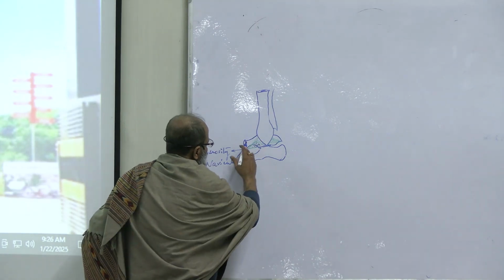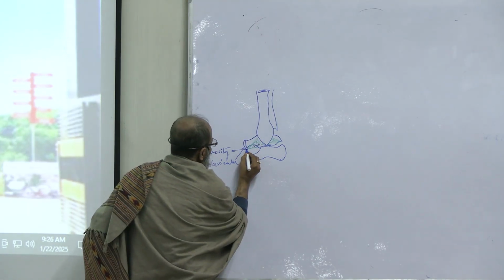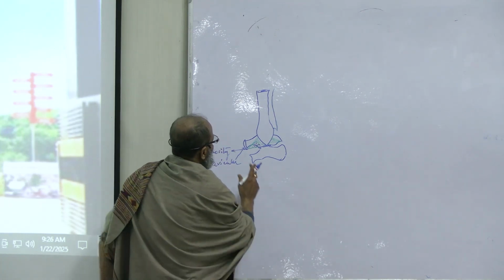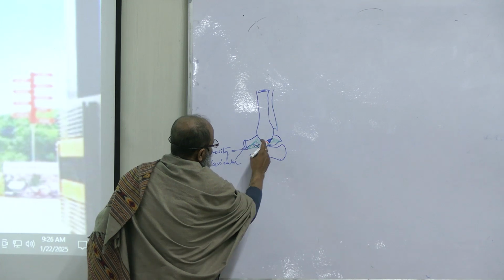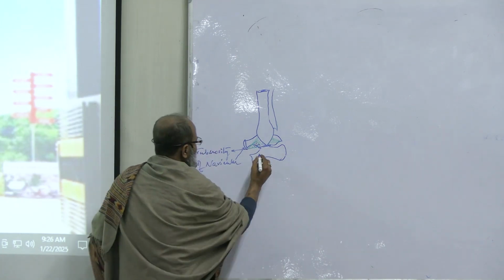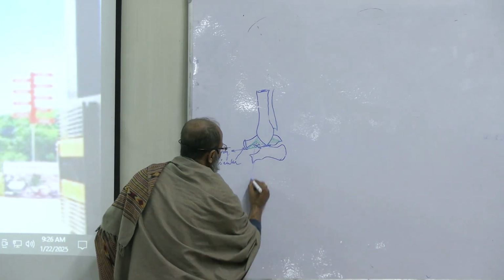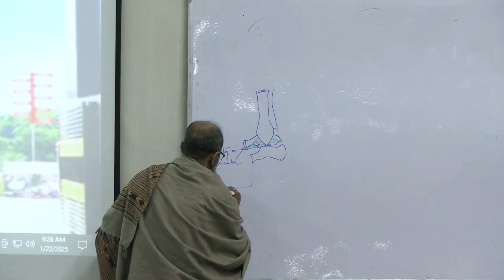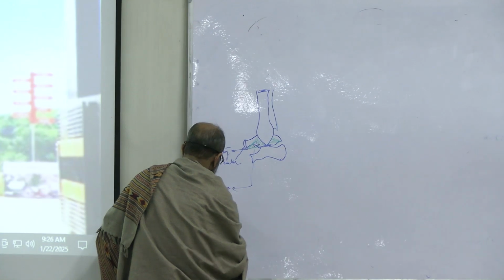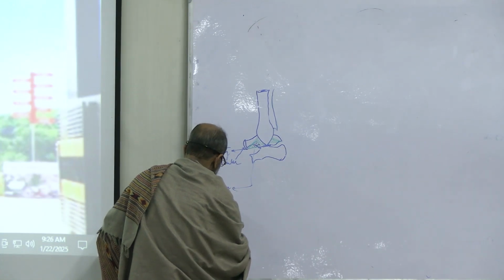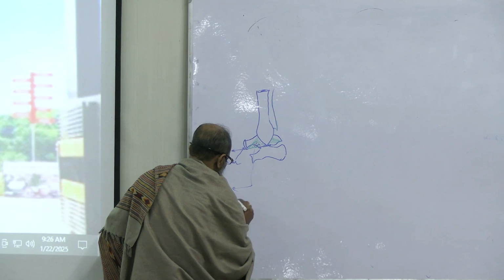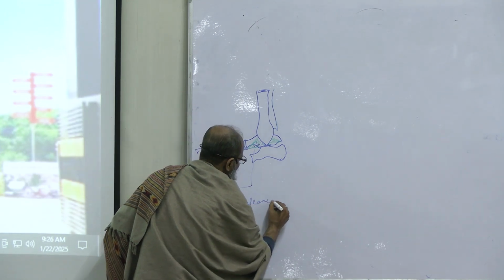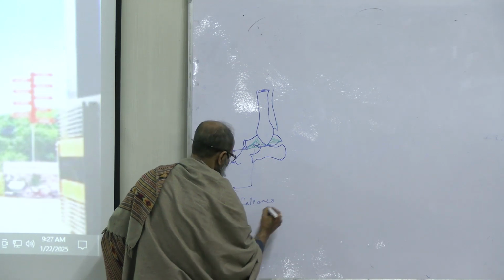So the fiber that is going to the tuberosity of navicular is the superficial part. The part which is blending with the plantar calcaneonavicular ligament, this is the spring ligament, spring or plantar calcaneonavicular ligament.